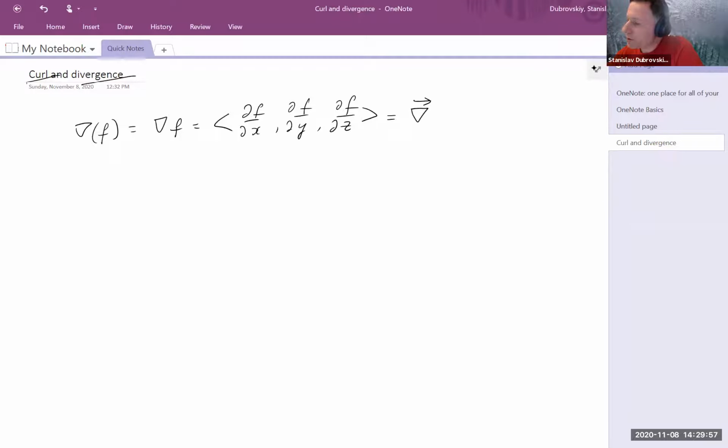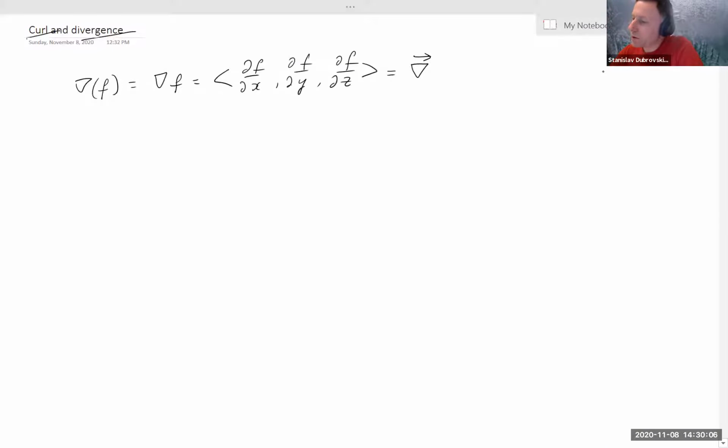But today we'll really understand it as a vector, and we will understand that this vector is written next to f, and f is understood as a scalar. And usually we do write scalars in front of vectors, but since we think of this gradient vector as being applied to f, then we will write it on the left.